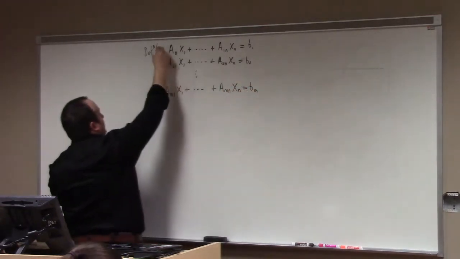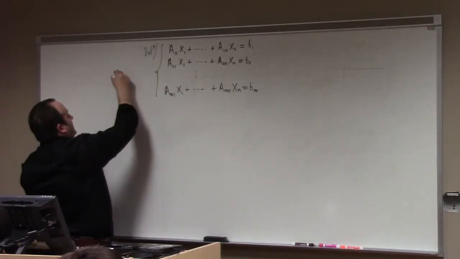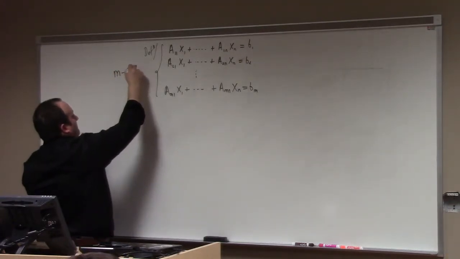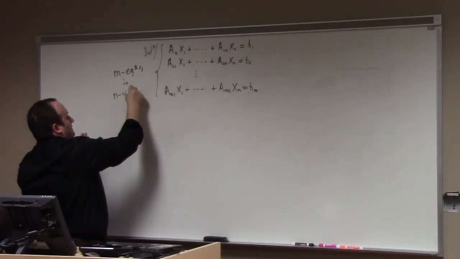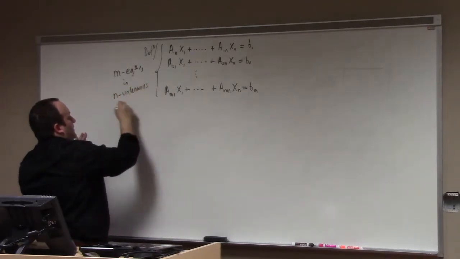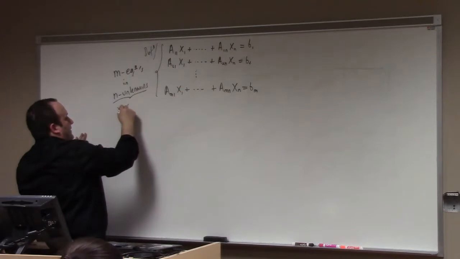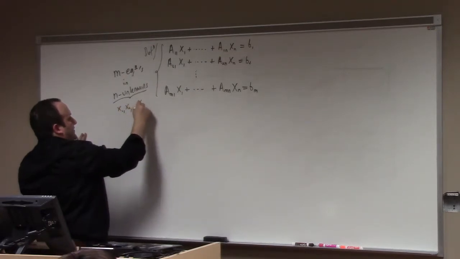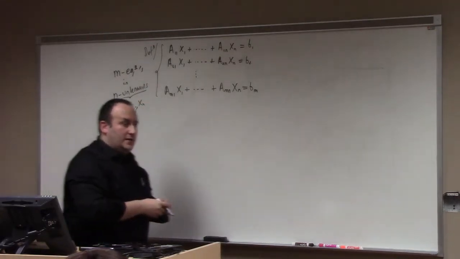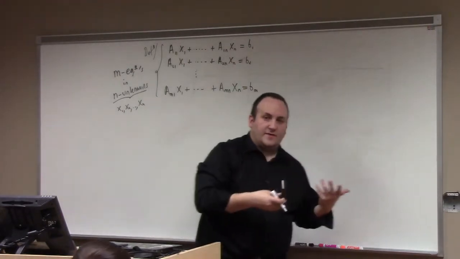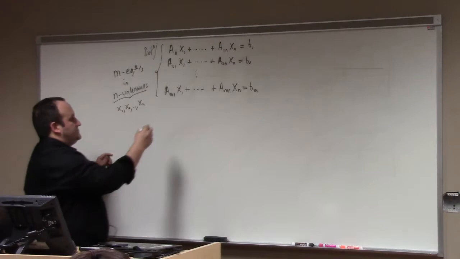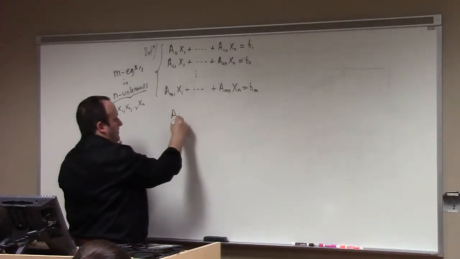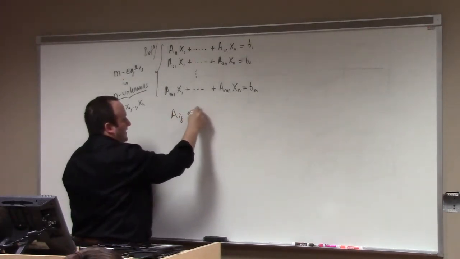So what I'm looking at here is m equations in n unknowns. What are the unknowns? x1, x2, through xn, right? And for the coefficients, we have to talk about doing this over what's called a field. So the a sub ij's are going to be taken from F, some field.